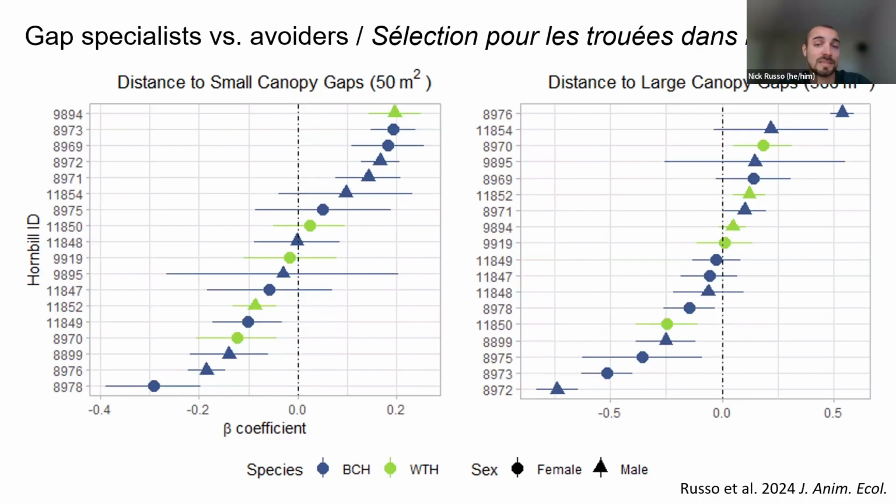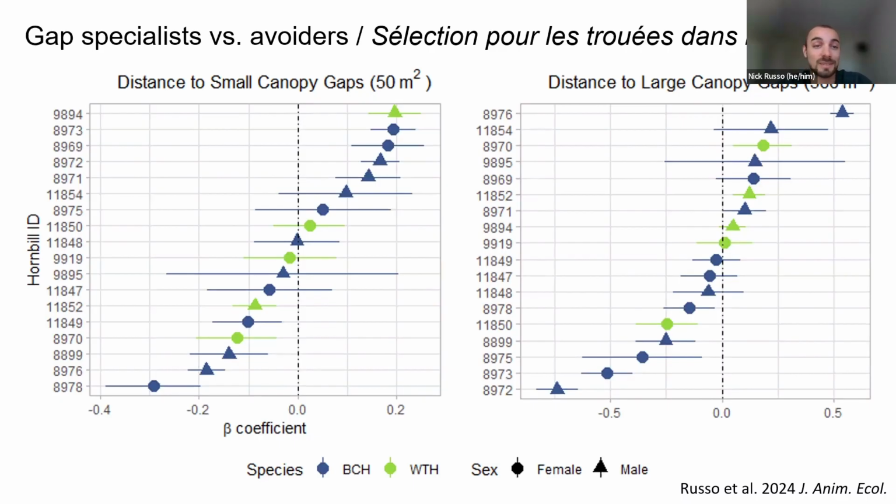So the specialists include birds that have a home range that includes or is near Inselberg habitats, like the one that I showed you towards the beginning of the presentation. And a reason that a bird might like to be closer to a large canopy gap is that maybe some of its preferred fruiting trees are abundant in producing fruits near those canopy gaps.